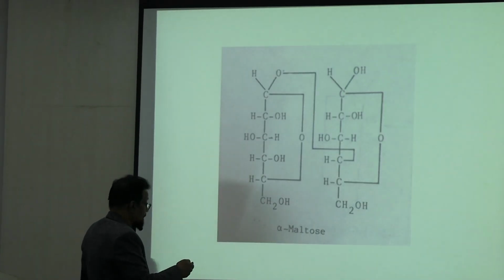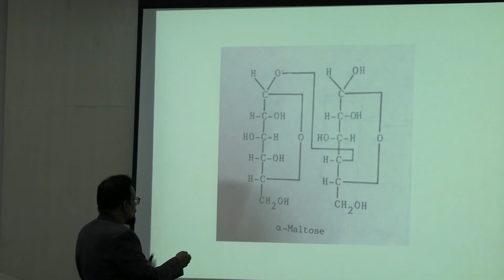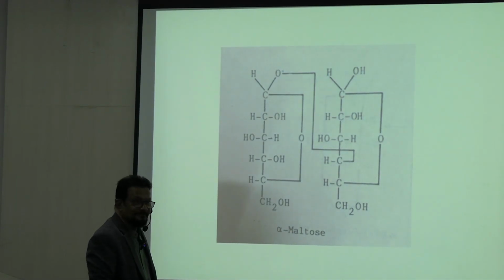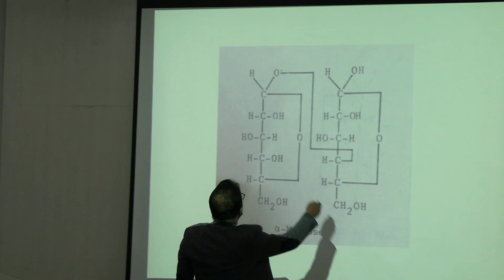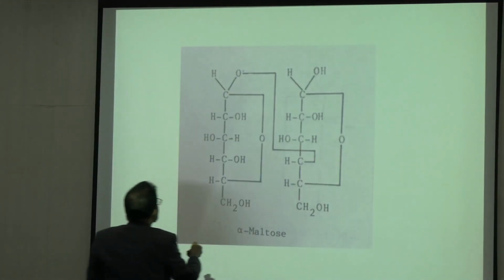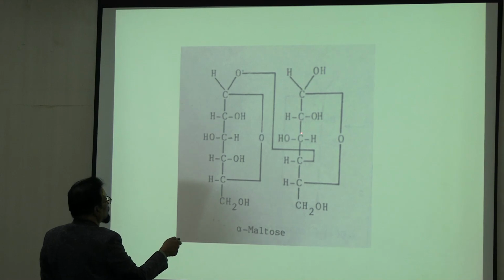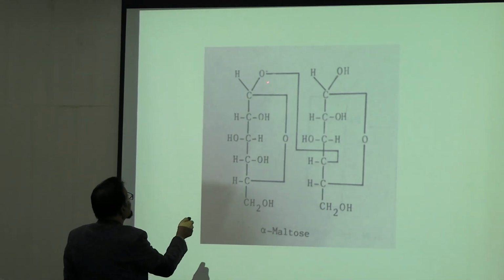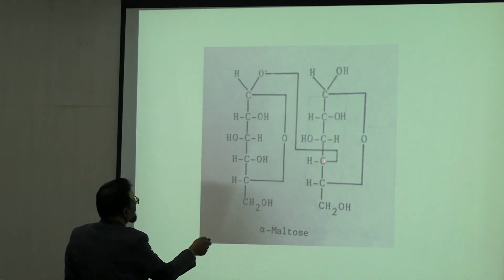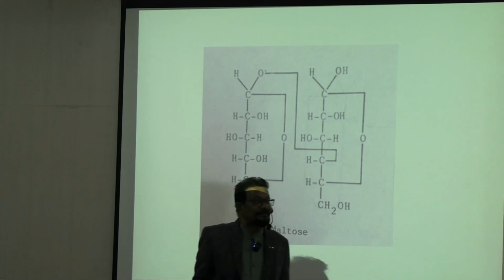Okay? So now see how maltose is formed. Glucose. First carbon, sorry. This is the first carbon, this is the fourth carbon. 1, 2, 3, 4, 5, 6. So there is a link, 1,4-glycosidic linkage.